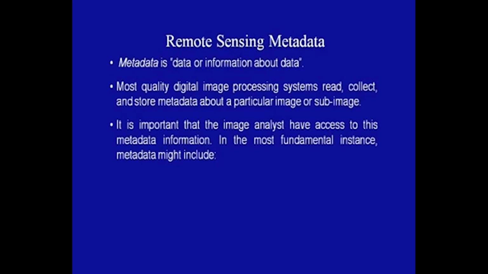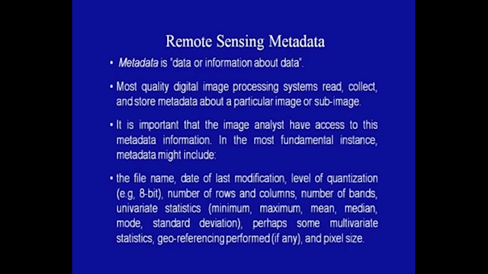In the most fundamental instance, metadata may include the file name, the date of last modification, level of quantization, that is whether it is an 8-bit image or a 7-bit image, the number of rows and columns in the image, number of bands that the data has, univariate statistics such as the mean, maximum, minimum, median, mode, standard deviation, perhaps some multivariate statistics, georeferencing performed if any, and the pixel size.